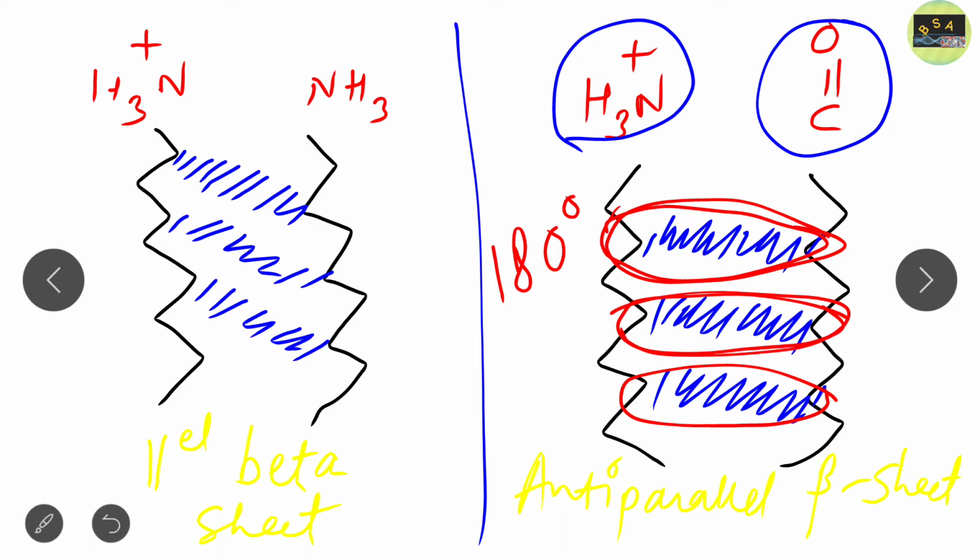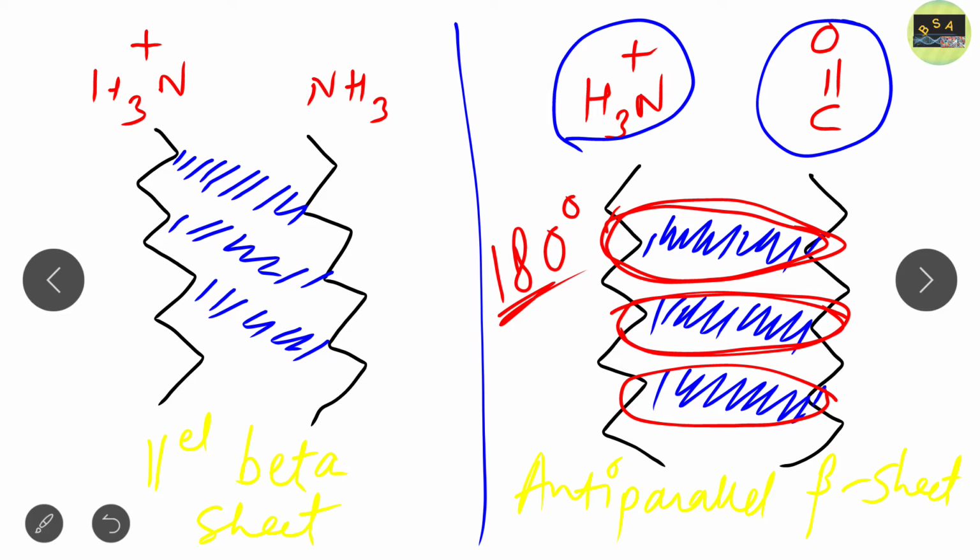We know that when we discussed non-covalent bonds in our first lecture of biochemistry, I explained that a hydrogen bond is more stable when it is 180 degree. So in the anti-parallel beta sheet, the hydrogen bond formed between the two polypeptide segments is 180 degree, which is more stable.